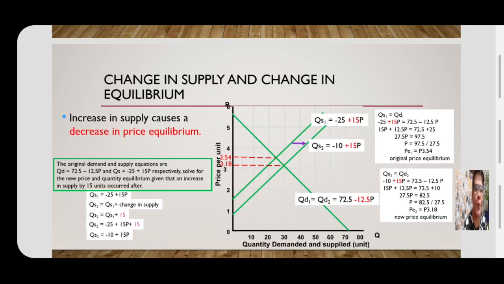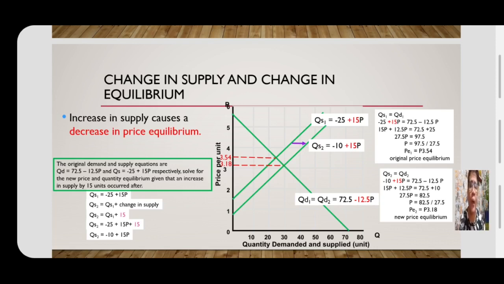So graphically speaking, there is no shift in the demand curve. What can be found is only a shift in the supply curve. The shift in the supply curve is directed to the right, which means that there is an increase in supply.